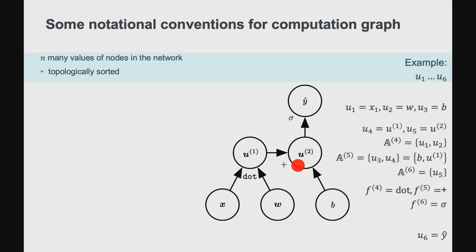The next layer then is U4. I index as being this node, and U subscript 5 is this node.